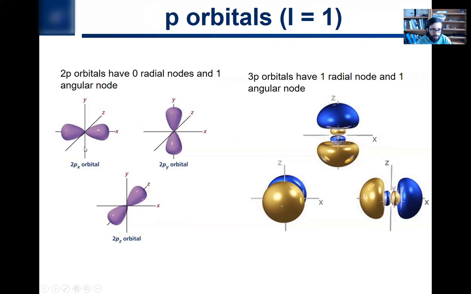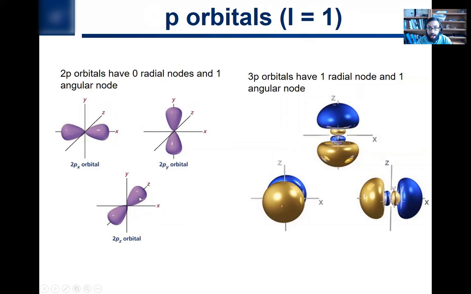So in the px orbital, there's going to be an angular node in the yz plane. In the py orbital, there's going to be a node in the xz plane. And I could have drawn these, probably should have, with different colors to show that the sign of the wave function is changing from positive to negative or negative to positive. And that in between there's going to be a node.